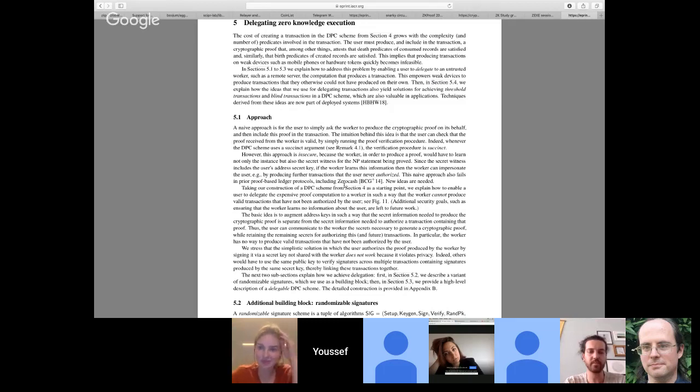But the problem here is that the naive approach would be to give the worker all the information to generate the proof on your behalf. But you do not want to do this, because all this information also includes your secret key, since the serial number is somewhat a function of your secret key. Another approach would be secure delegation.